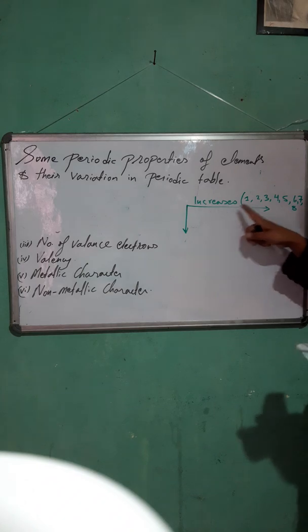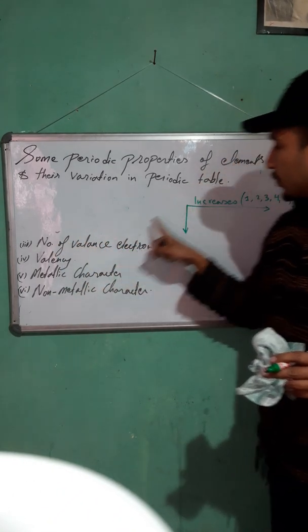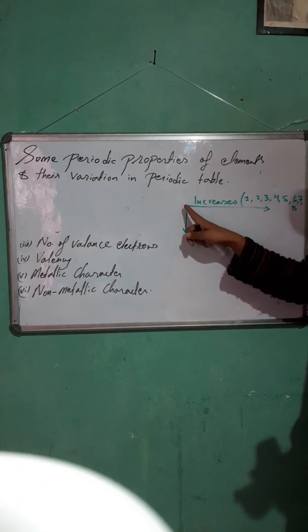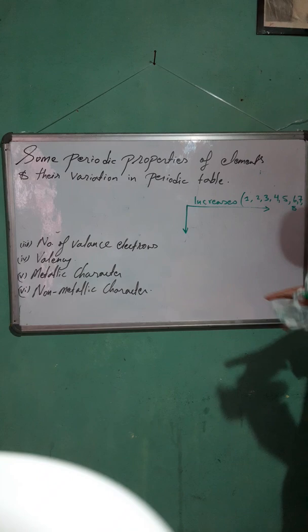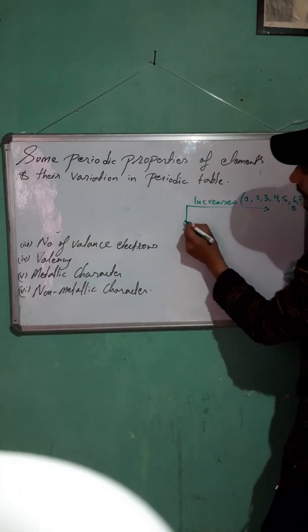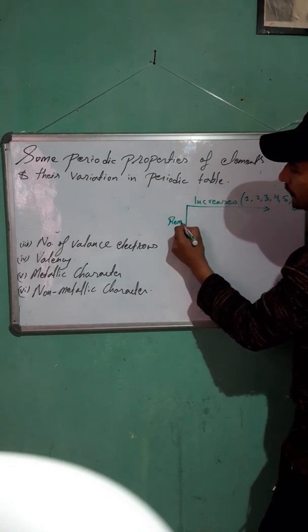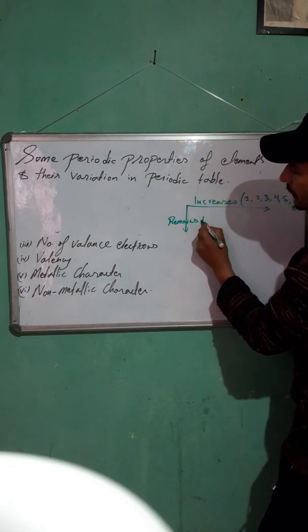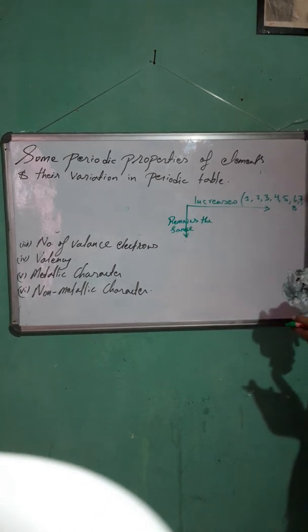So it increases from 1 till 8 across a period. Number of valence electrons will increase when you move from left towards right across a period. And down a group, the number of valence electrons remains the same.